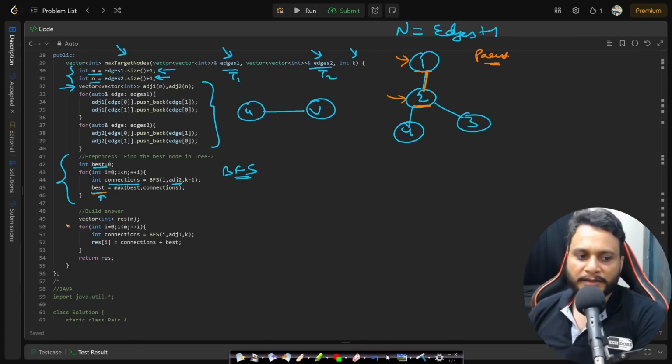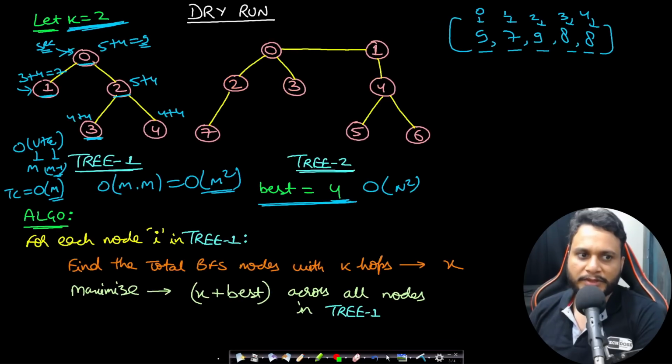So after doing this, once you have found the best connection, you just have to iterate through all the nodes in the first tree and find the coverage for each source node, which is i in the first tree, and add the best option. That means if you were covering from this node, let's say 0, then the coverage that you found in the first tree is 5. The best value is 4, which will be added, because if I create an edge between this 0 and the best option from the second tree, then we will get 4 coverage, right?